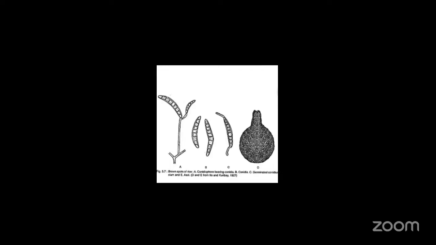The conidia are often disseminated by wind or rainfall onto different regions of the same seedling or different seedlings and cause infection.